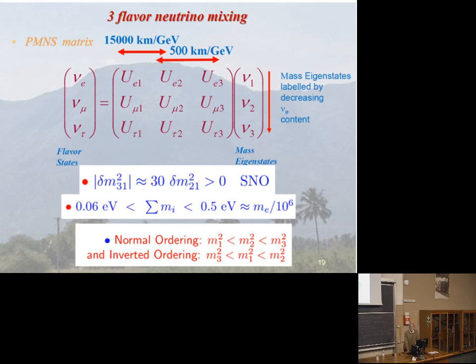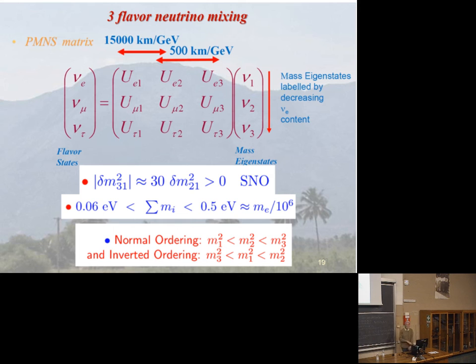So one big open question which people are trying to resolve, and we're probably close to resolving that within less than 5 years, maybe even less, is whether the ordering of the neutrino masses follows the ordering of the quark masses or somehow are inverted from each other. You would think logically it would follow the order, but there's no rule that makes that be true. And it turns out that the physics consequences are quite different in the two cases.